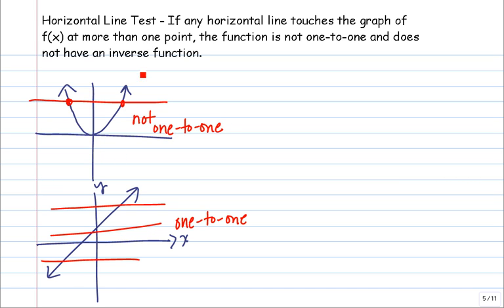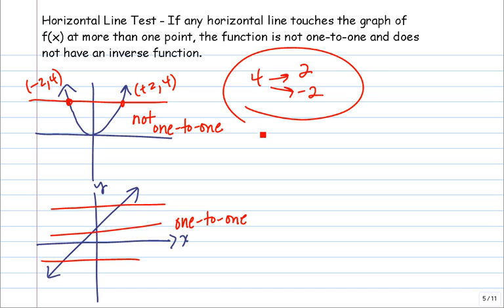Well, that's because of what I was just talking about, that if I square positive 2, I get 4. If I square negative 2, I get 4. So if I'm trying to define a rule that will get me from the 4 back to the 2 and the negative 2, well, right there I've contradicted the definition of a function. I can't have an input value going to two different output values.